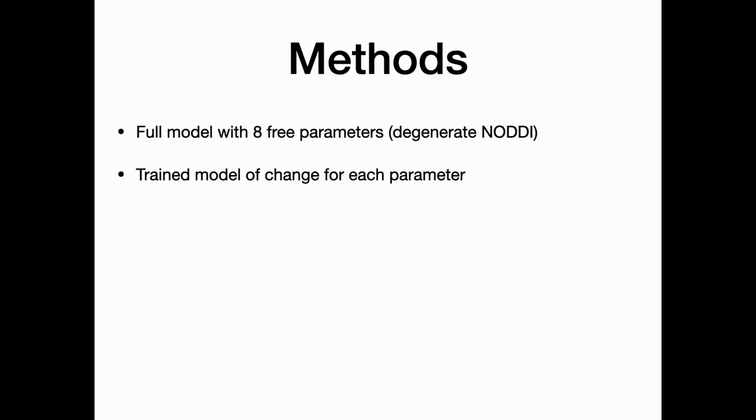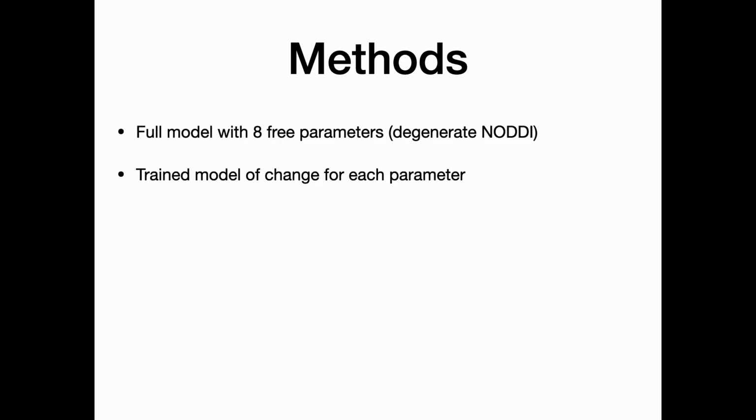In the next few slides, I will demonstrate how Bench performs on simulated data as a validation step and compare its results with those obtained from the conventional model fitting approach. For these validation experiments, we used the full forward model of diffusion that was introduced earlier. We trained models of change for each of the 8 parameters of the model.